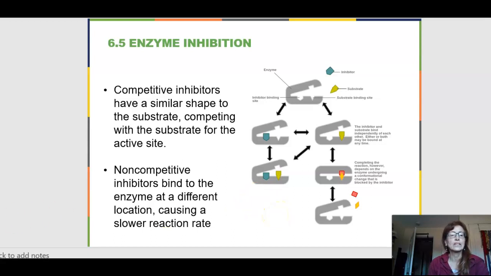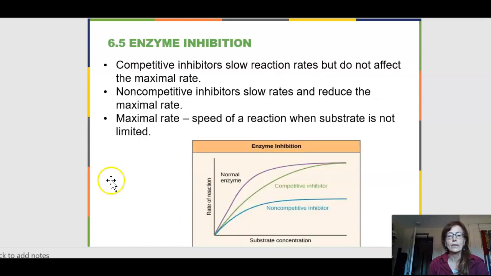And let's take a look at this again. If it's a normal enzyme, we see that as the purple line here. This means that here in the beginning we have a low substrate concentration. So this could be like we don't have a lot of sugar, and then we're going to break down sugar, maybe one of the polysaccharides. So at this point our substrate concentration is low, and so our rate of reaction is low.